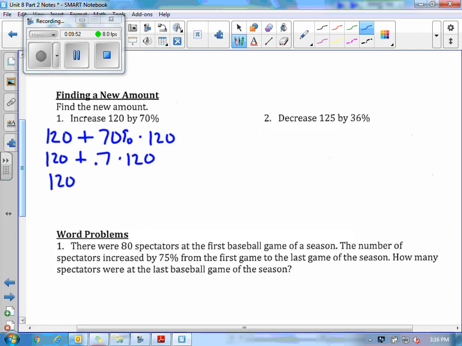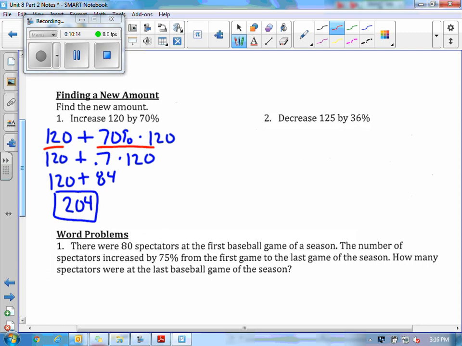So 120 plus 0.7 times 120 is 84. So when I add those together, I'll wind up with 204. So that was for an increase: my original amount, which was 120, plus 70% of 120.